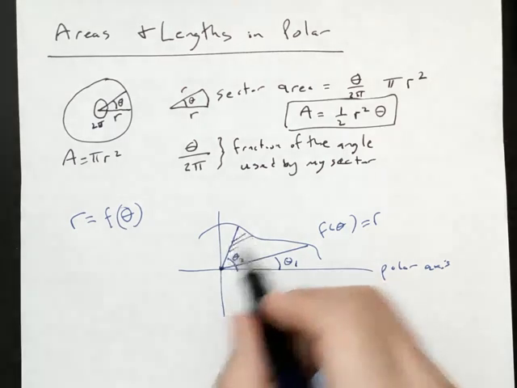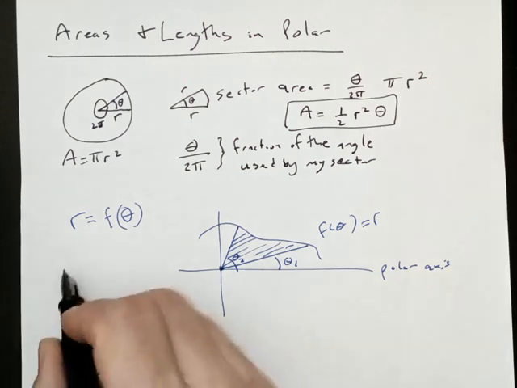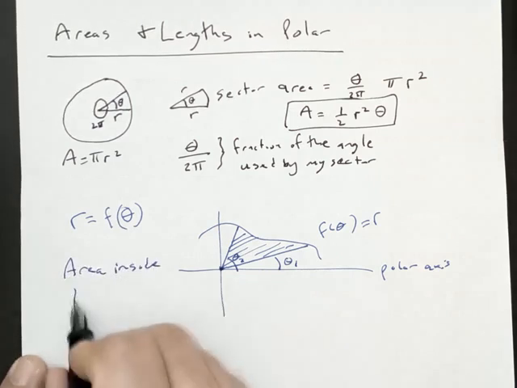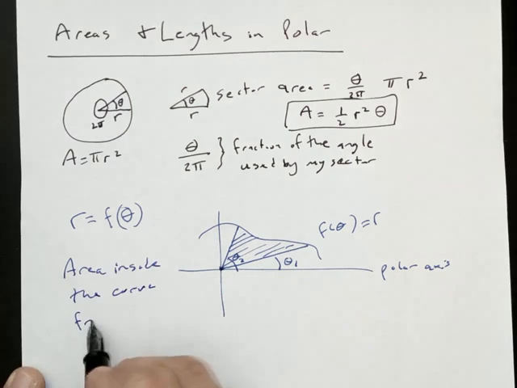So I can think of this area here as the area under, well, it's probably a bad word. I should use inside. The area inside the curve. And that's bounded by two values of theta.